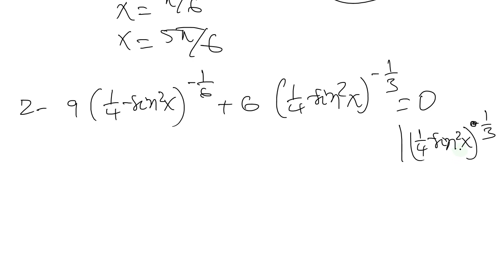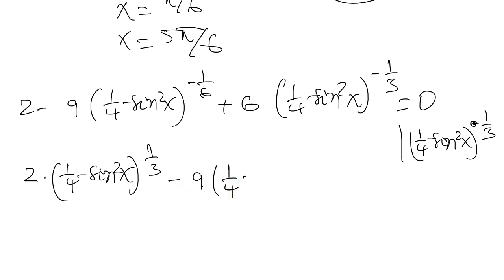So I'm going to have 2 times (1 over 4 minus sine square x) to the power of 1 over 3, and then minus 9, which multiplies (1 over 4 minus sine square of x) to the power of minus 1 over 6 plus 1 over 3.